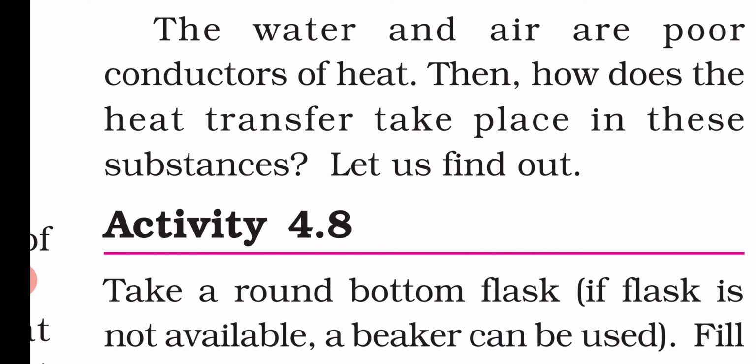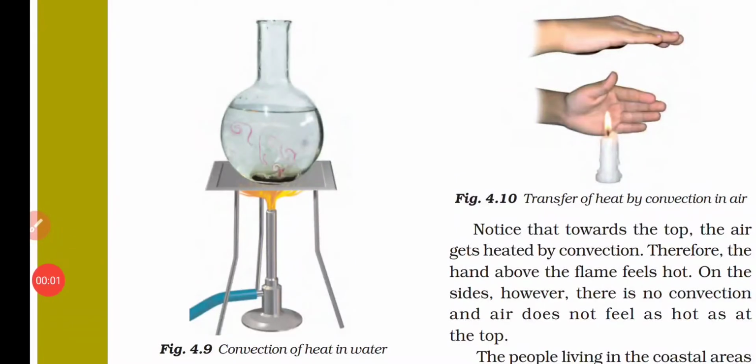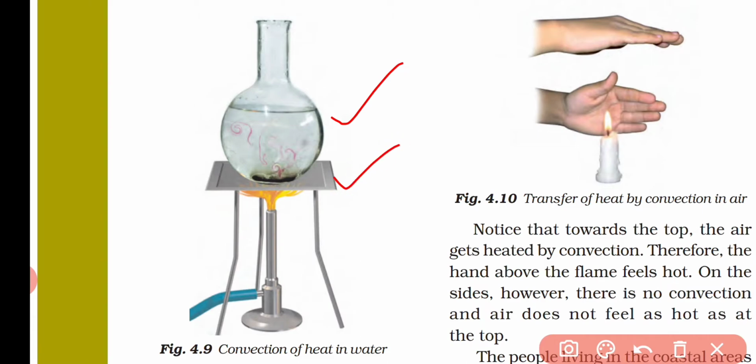Water and air are poor conductors of heat, so how is heat transferred in water and air? Let's check by an activity. For this activity, we need a setup like figure 4.9. We need a round bottom flask, a wire gauze, a tripod stand, and a burner.